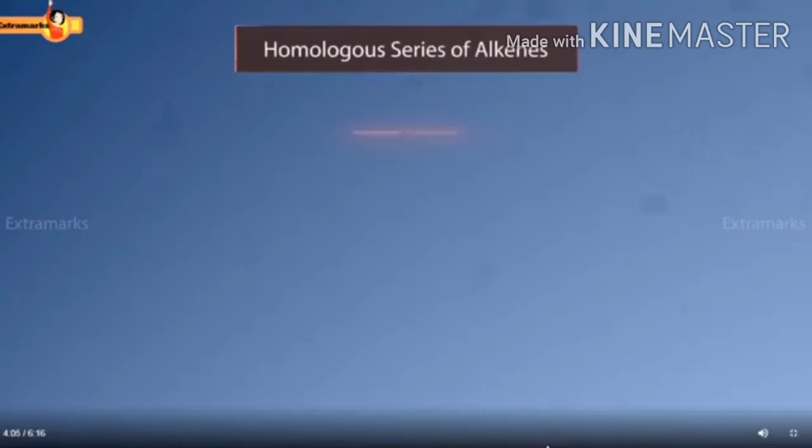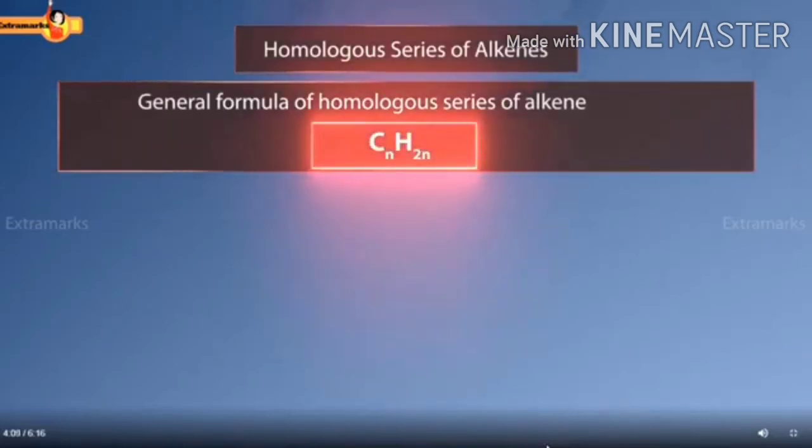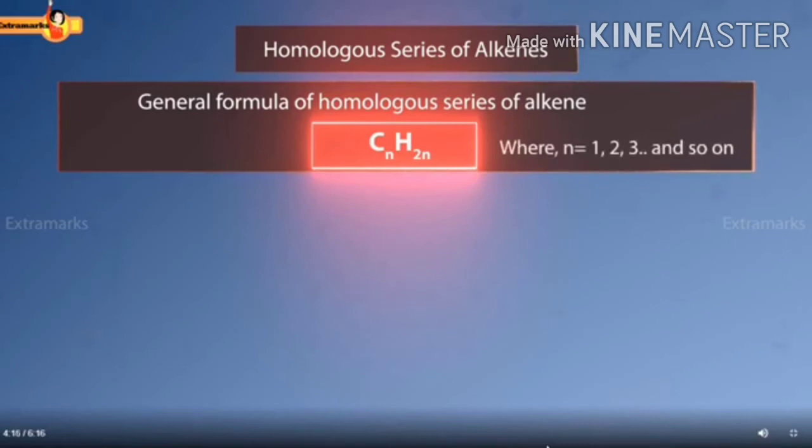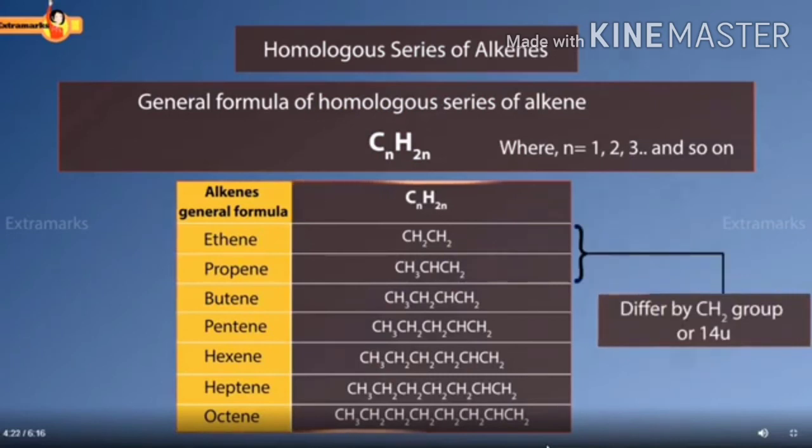All the alkenes can be represented by the general formula CnH2n. Here, n represents the number of carbon atoms and its values can be 2, 3 and so on. Notice that each successive member of the series differs by CH2 unit or 14 u.